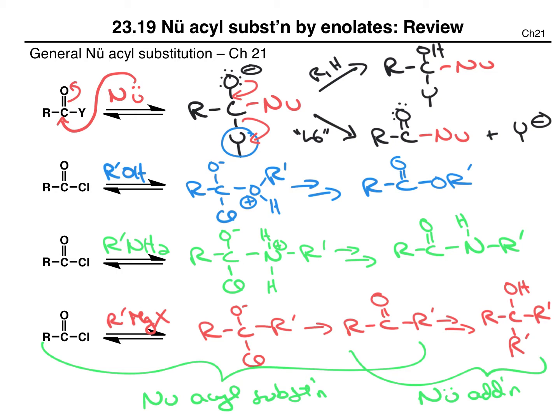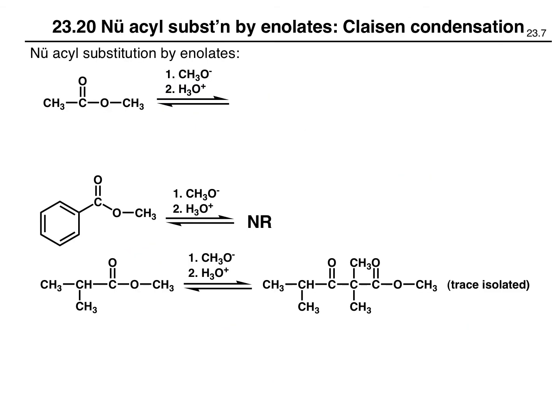Next, we're going to be looking at a new type of nucleophile, which would be an enolate. At the start of this chapter, we looked at aldol additions, which involves nucleophilic addition, as well as Claisen condensations, which involve nucleophilic acyl substitution.